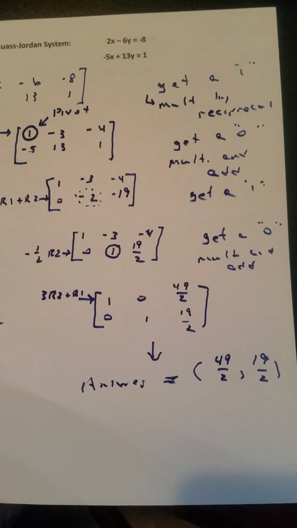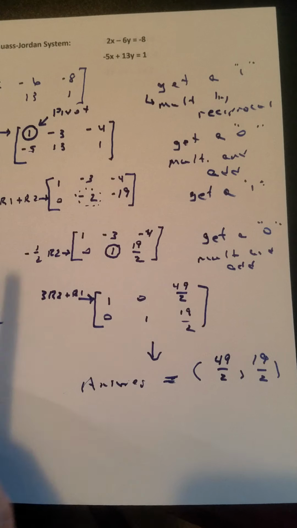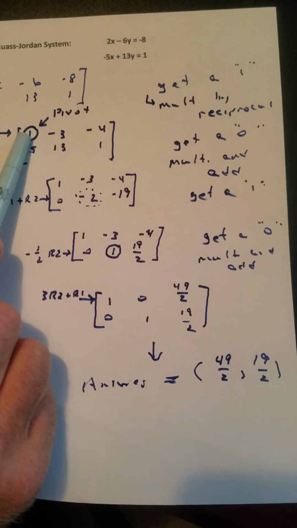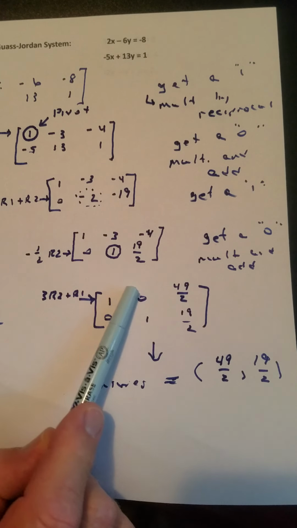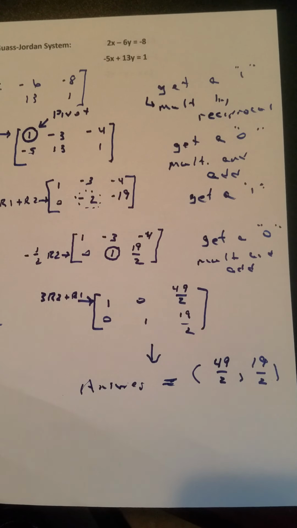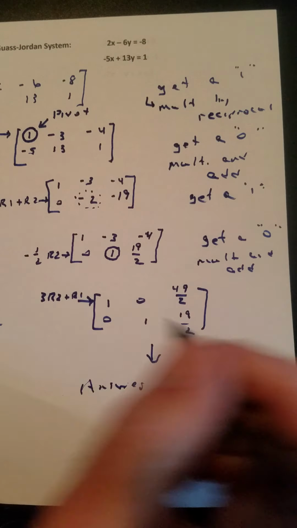So that whole thing is how you solve using the Gauss-Jordan system. And I said there's rules that you got to follow. You always get a 1 in this position, a 0, a 1, and a 0. And it kind of changed pins here.